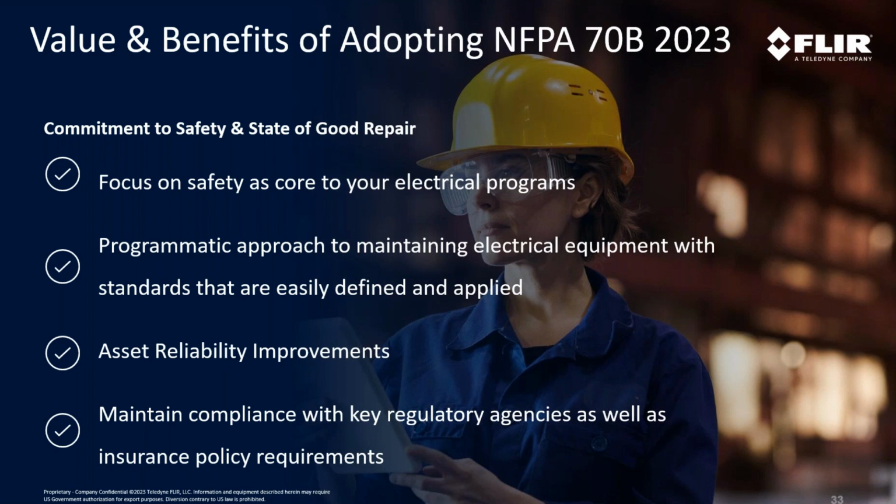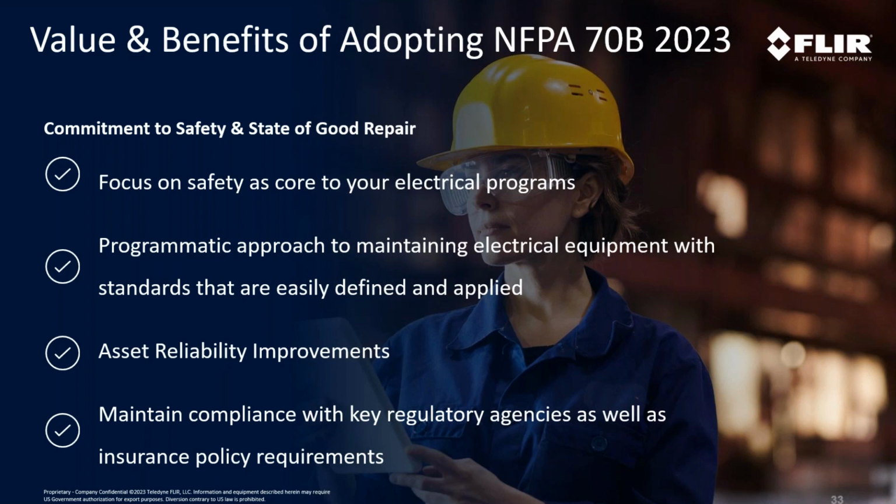And the last part too is we're starting to see some insurance policy requirements be updated. A lot of them have some generic language in the underwriting documentation or the actual policy itself that says that you as a facility operator, owner, or manufacturer will maintain your equipment based on recognized national standards.